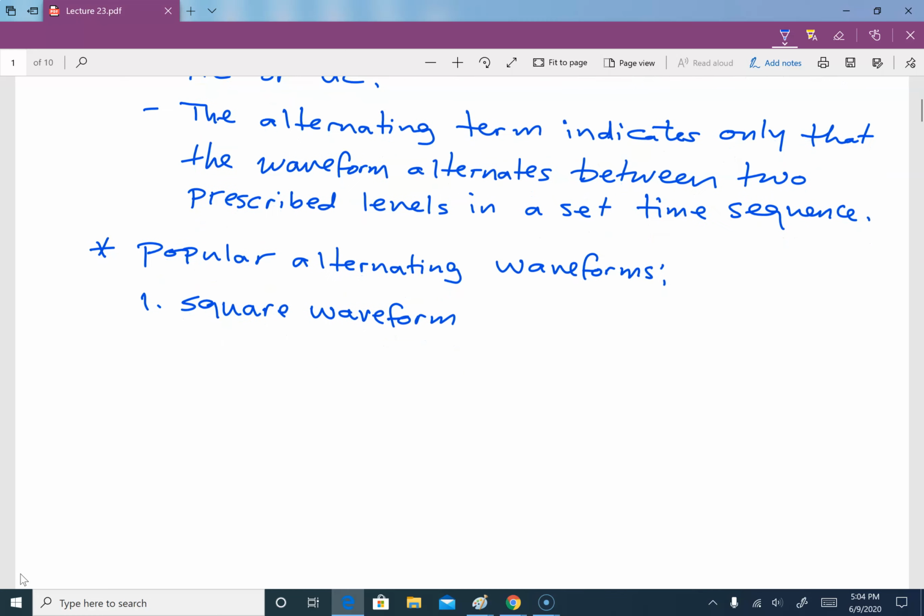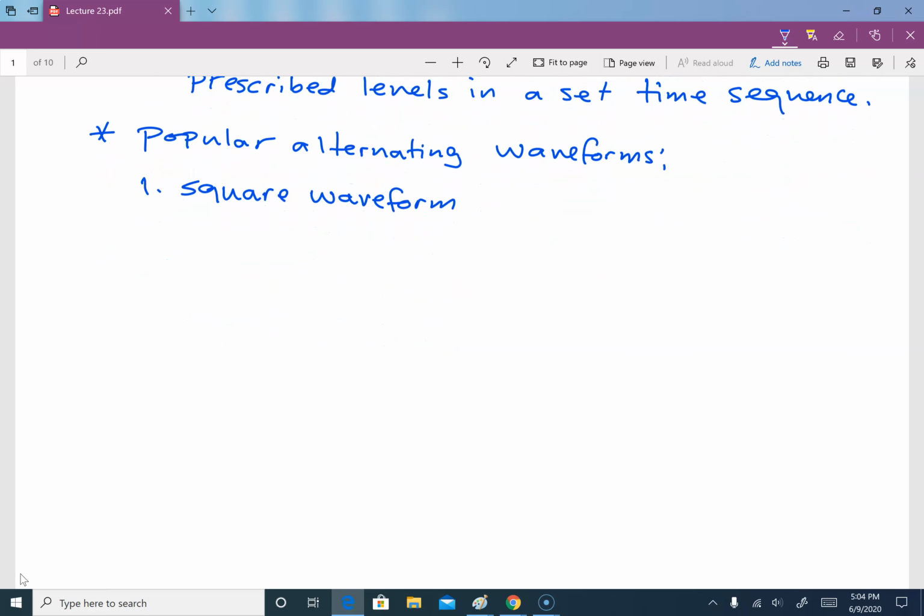For a square waveform, it looks like this. This is time t, and let's say that is a voltage. So that is a square waveform.